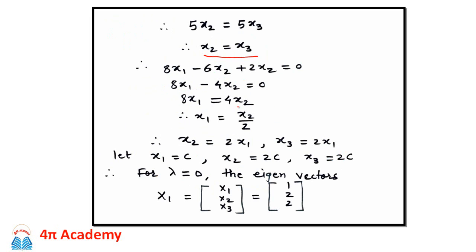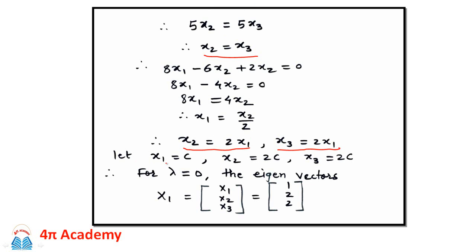So 8x1 is equal to 4x2, and therefore x1 is equal to x2 by 2. Therefore x2 is equal to 2 times x1, and x3 is also equal to 2 times x1, because x2 is equal to x3.